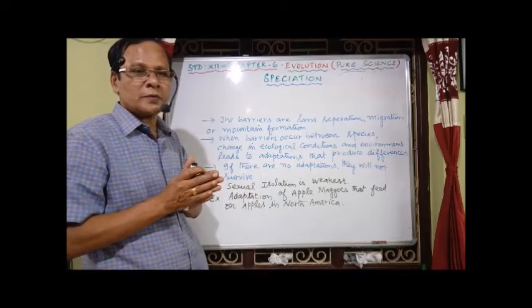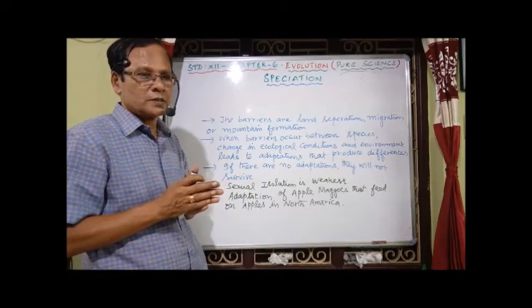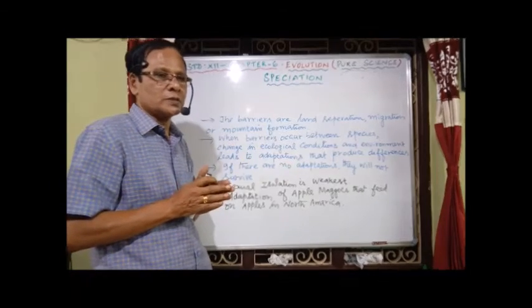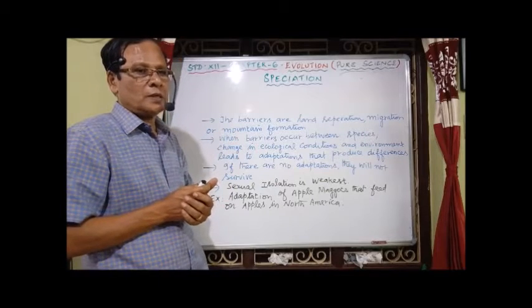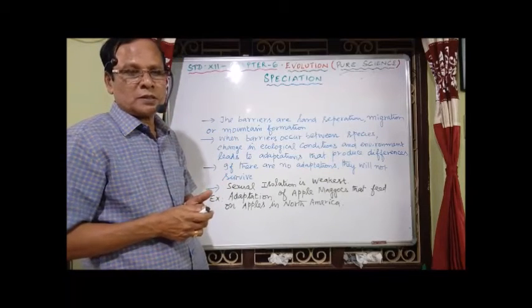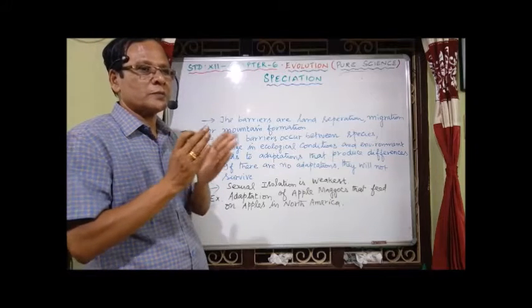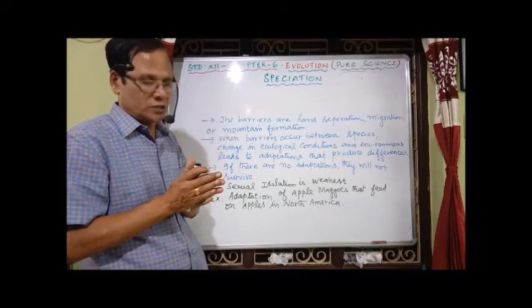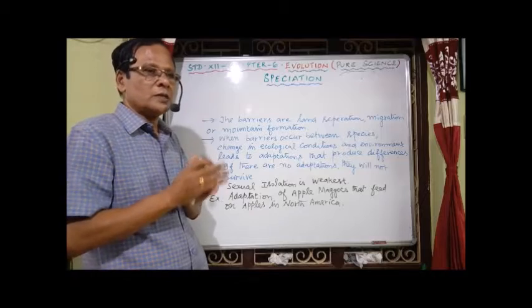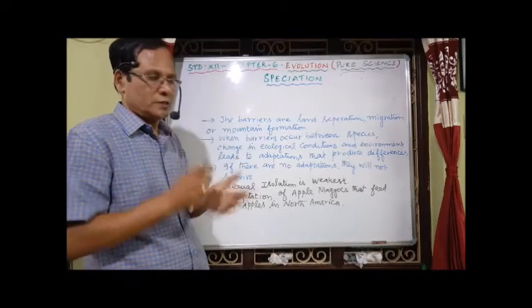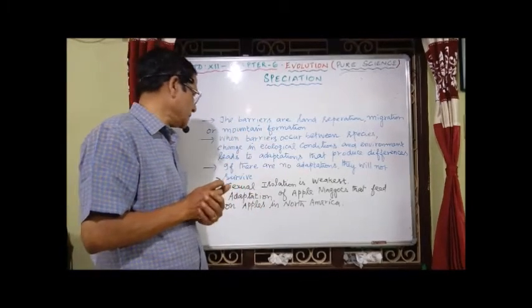The development of adaptations in the resultant species and also the ancestral species produces differences. If there are no adaptations, the organisms will not survive. That's why they have to adapt themselves to the changed environmental conditions. Only then can we have two different species because of geographical barriers.